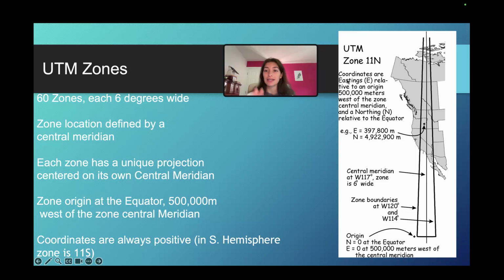The coordinates are eastings, relative to an origin of 500,000 meters west of the zone central meridian, and a northing relative to the equator. All of this is kind of overkill for what you need to know. Just know there are things called UTM zones, based off of their own central meridians. There are 60 of them, and they're about 6 degrees wide.